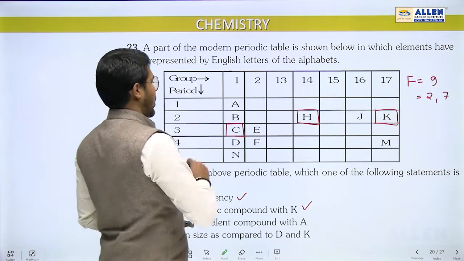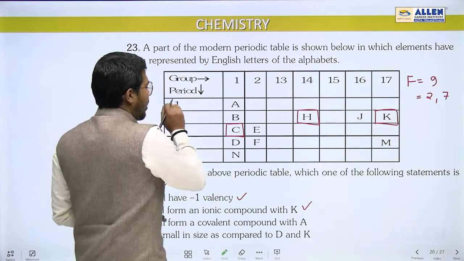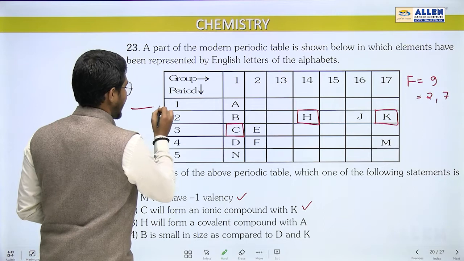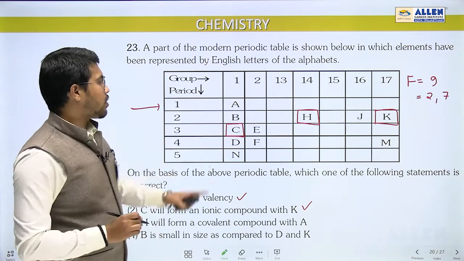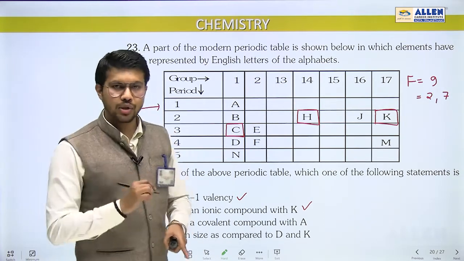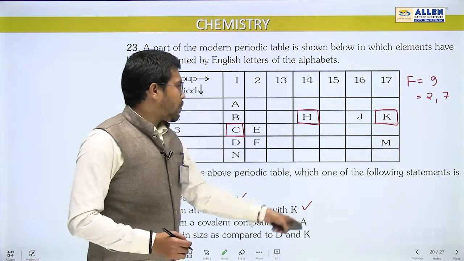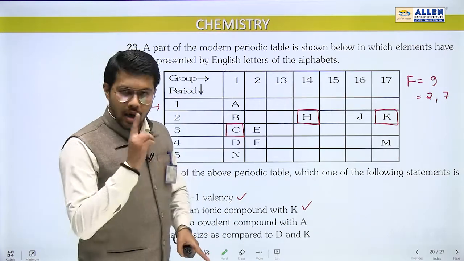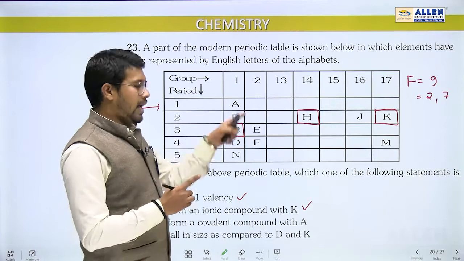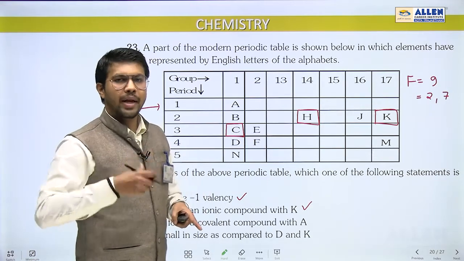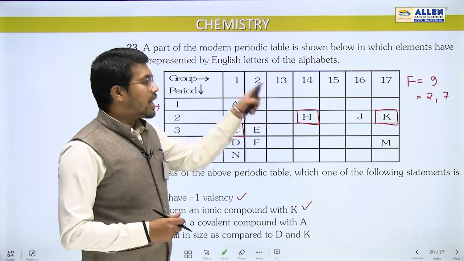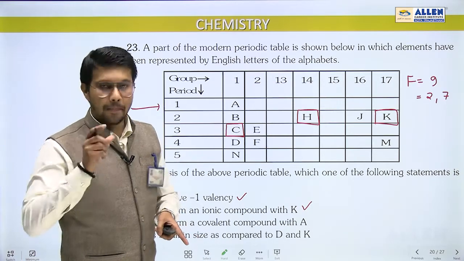So H is combining with what? A. This is period first, and in period first, obviously, we'll have hydrogen. So if a 14th group element combines with A, and A is resembling hydrogen, obviously they will form covalent compound.